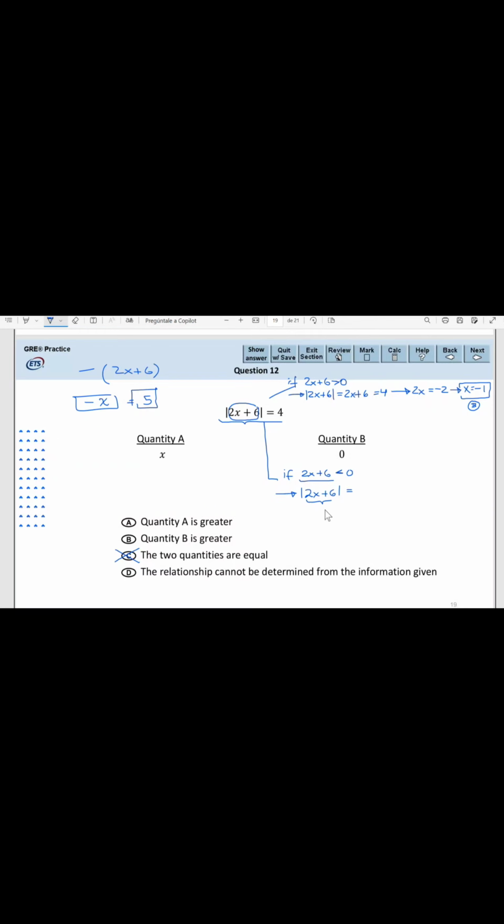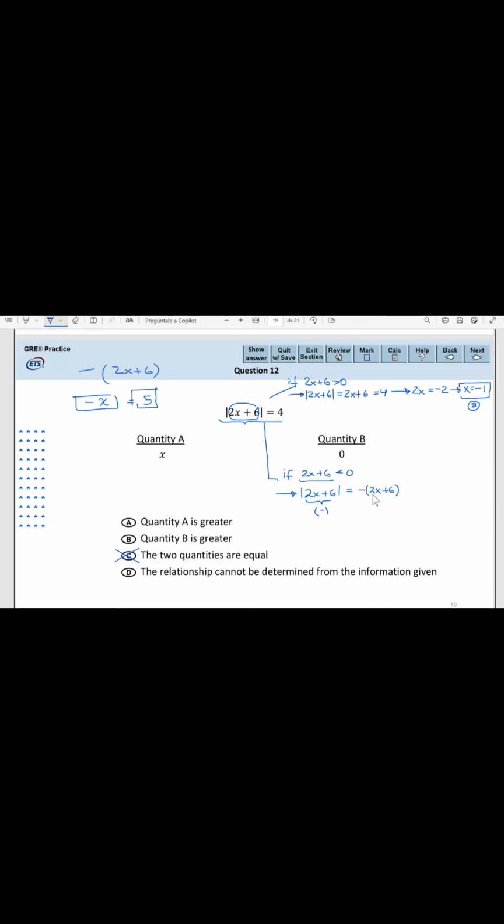Whenever you have something negative, the absolute value of a negative number is always its positive alter ego. So to get the version with the changed sign of 2x plus 6, all I have to do is multiply this expression by negative 1. Because if 2x plus 6 is negative, by multiplying it by negative 1, I'm turning it positive. So this will be the absolute value of 2x plus 6.